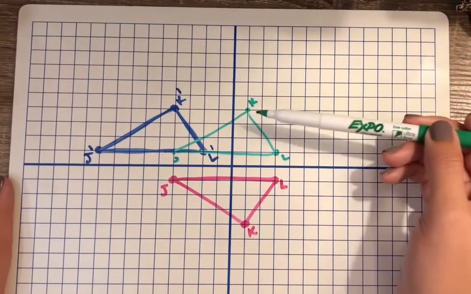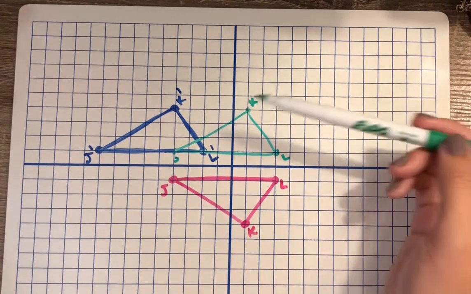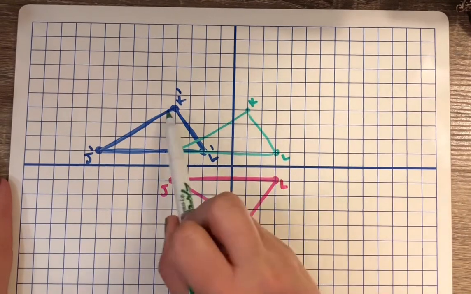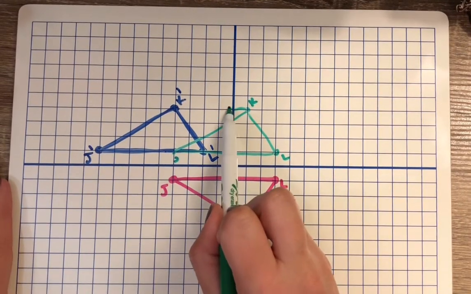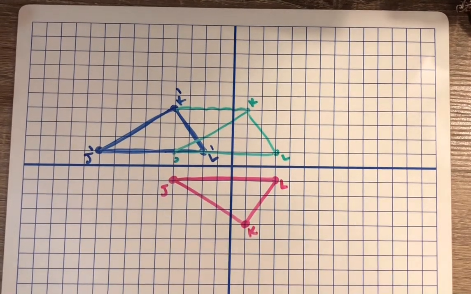And then I can count to see how my translation, or what the number of units would be for my translation left. So from K to K prime, for example, that's 1, 2, 3, 4, 5 units to the left.